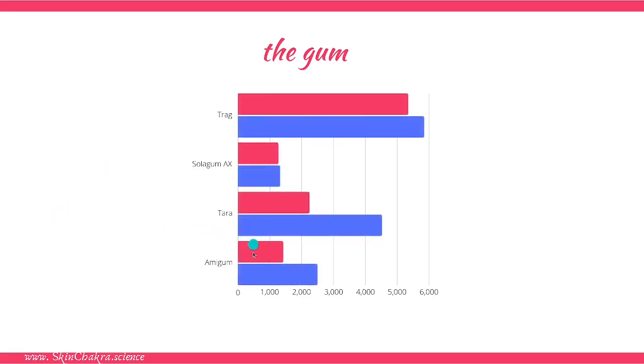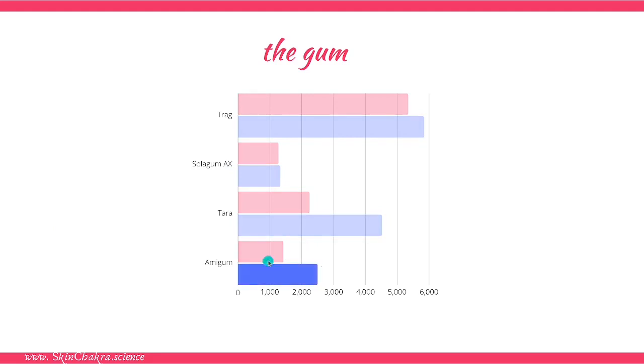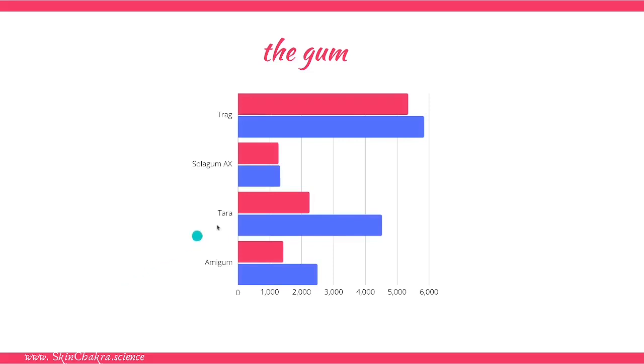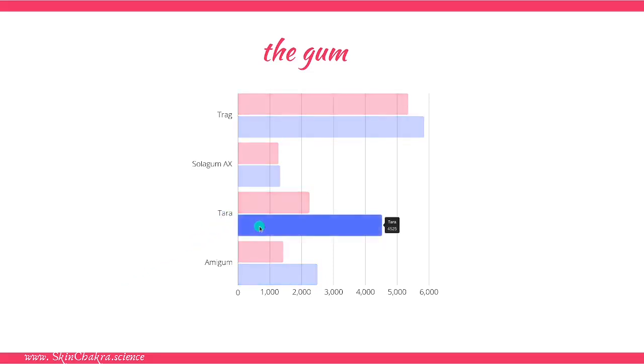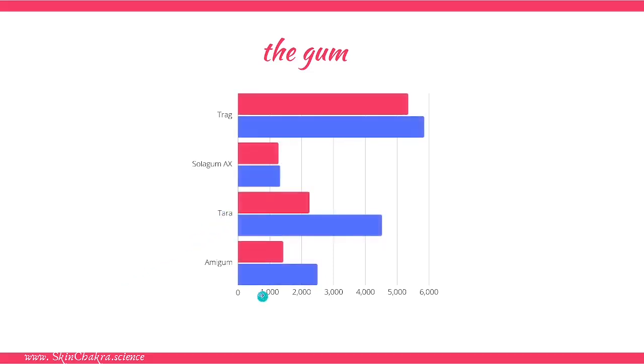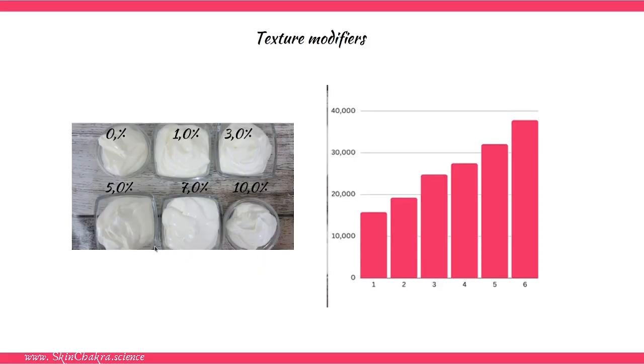But for gums such as Sclerotium, Amigum or Taragum, it makes a huge difference if you disperse it cold or disperse it hot. So the mode of the gum dispersion, the instruments that you have, as well as the temperature of the gum hydration plays a role in the viscosity of the emulsion as well.